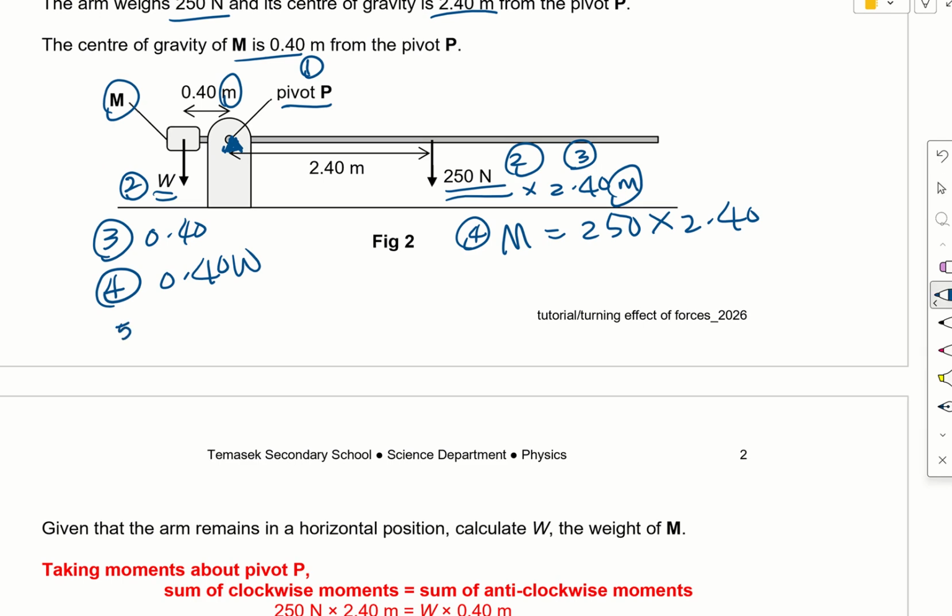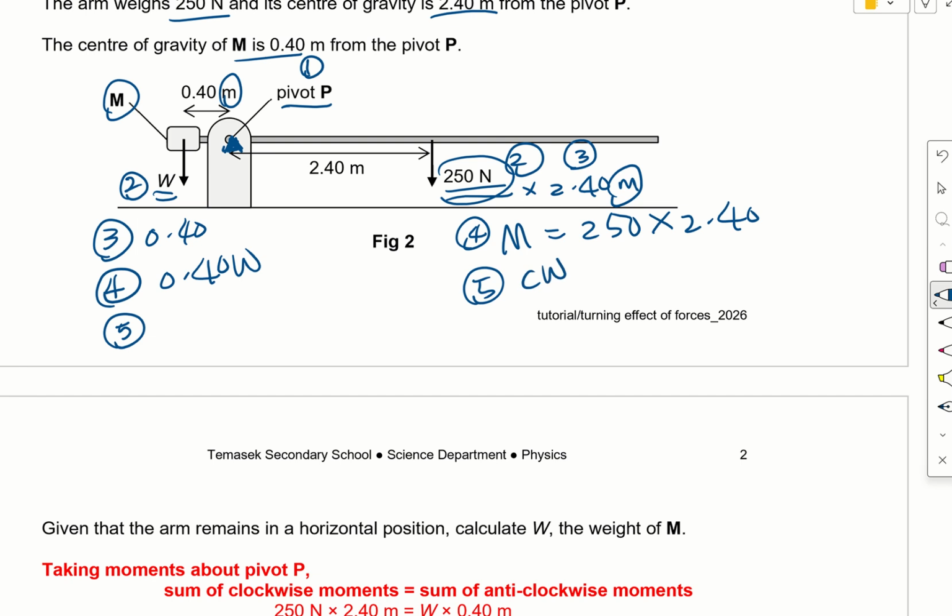Now step 5 is to find the direction. So again, we hold a pen, with the pivot slightly to the left hand side of the pen. Don't have to be too exact. For this 250 Newton, it is on the right hand side of the pivot and is going downwards. So it will give a clockwise direction.